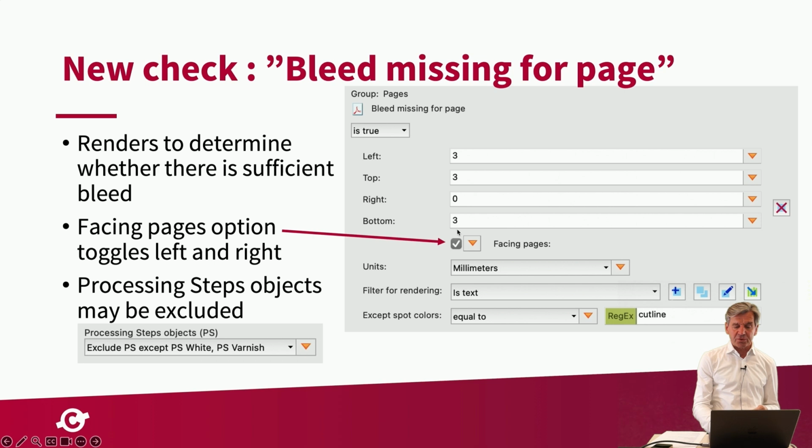And then of course you can set up the amount of bleed that you want to have. You have an option for facing pages, in which case the left and right amount of bleed would change, and you also have the option to exclude objects, because that is what you normally want to do.